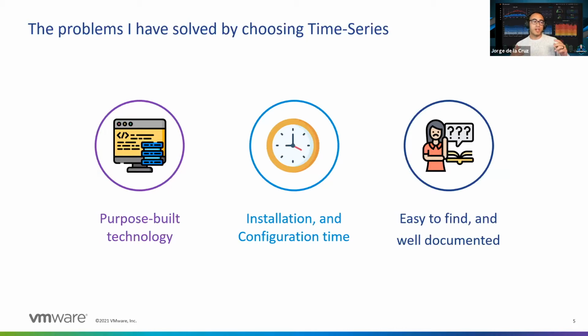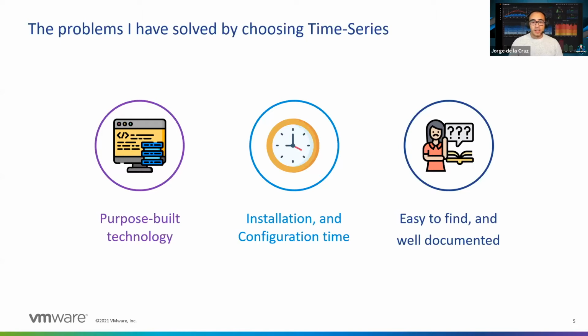Of course there are a lot of VMs, and inside every VM we have a lot of metrics. I just wanted a database where I could store millions of these metrics. So that was the problem I resolved by choosing time series, in this case InfluxDB, which is purpose built to store millions of these metrics without any problem.